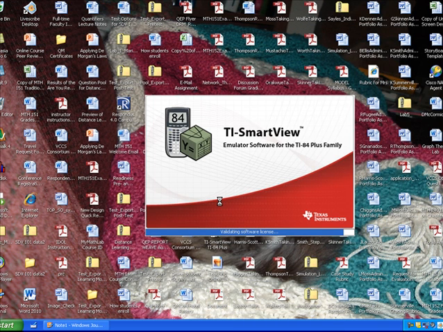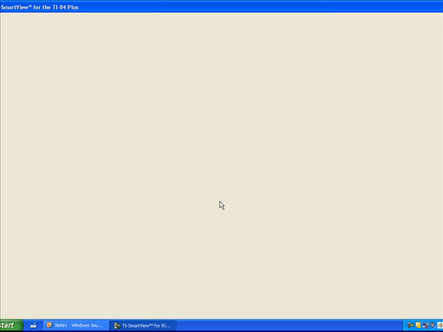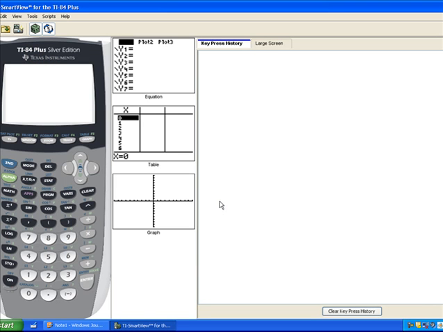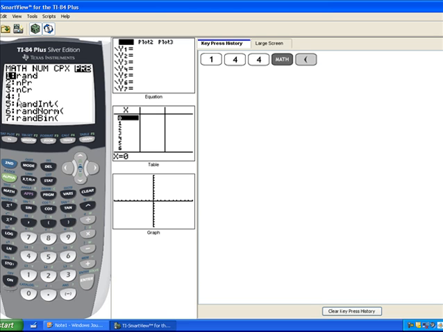Okay, it takes it a moment to load. So what we have to remember is how to find that factorial button. We're on number 18, which is 14 factorial, so I want to enter 14. And then I want to go to Math, Probability, number 4 is factorial, and then I'm going to enter.